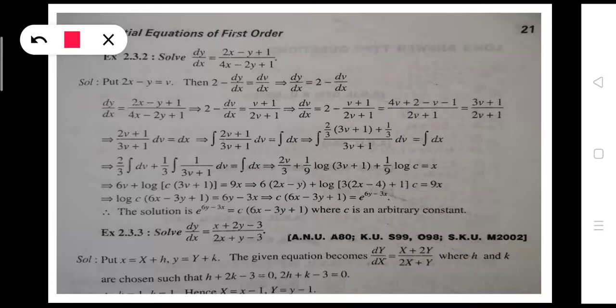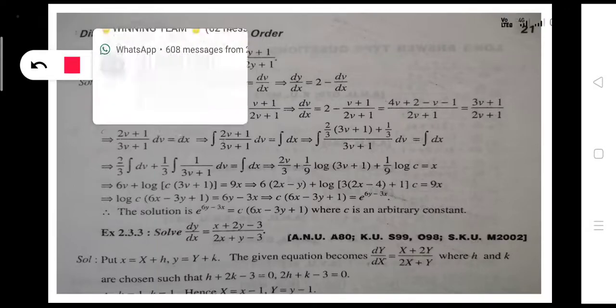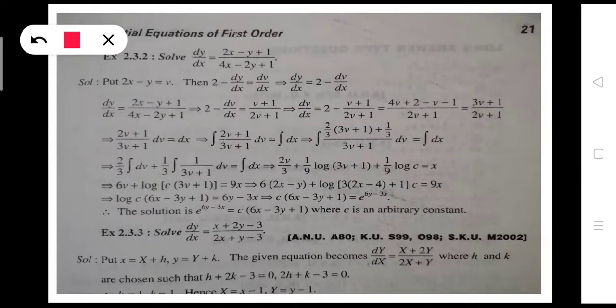The given integral is not in the form of f'(x) by f(x), so we change it as the integral of [2 by 3 into (3v + 1) + 1 by 3] by (3v + 1) dv is equal to the integral of dx.